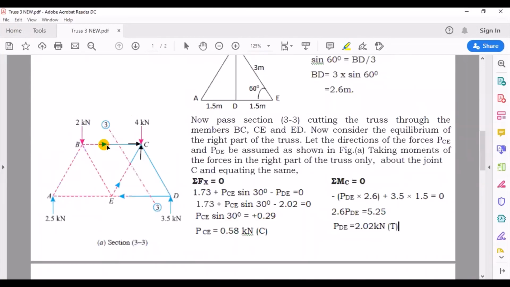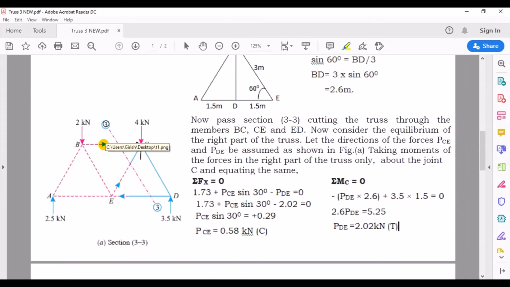This direction of BC is not assumed, whereas the directions of EC and ED are assumed because we are yet to calculate those member forces. Now we shall calculate the member forces.